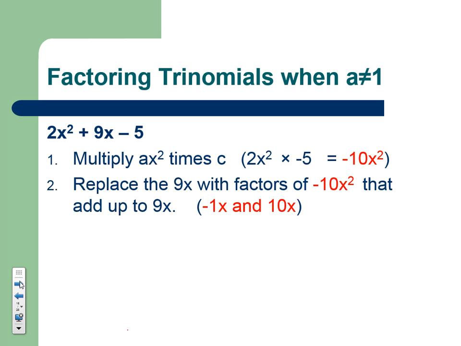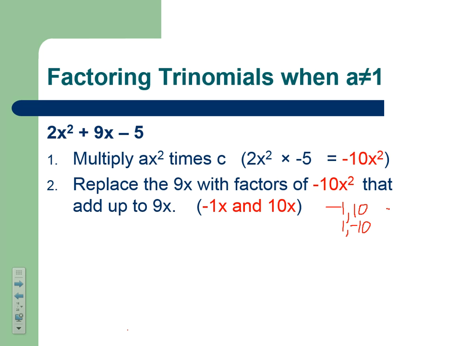The next thing that we want to do is replace the middle term of 9x with factors of negative 10x squared that add up to be 9x. So if we list all the factors of negative 10x squared, they will be negative 1 and a positive 10, positive 1 and negative 10.